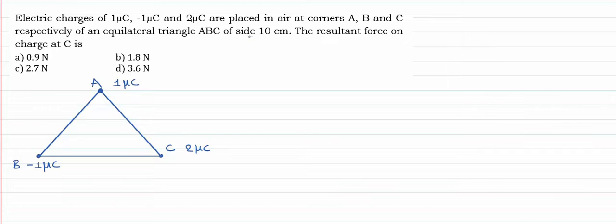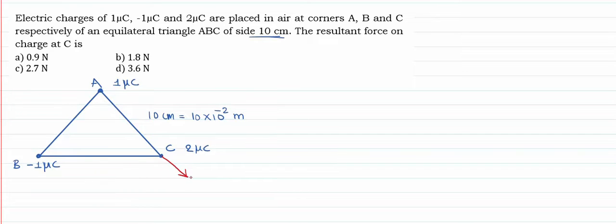The side of the equilateral triangle is 10 centimeter, or 10 into 10 raised to minus 2 meters. You are required to find the resultant force on the charge at C. On C there will be force due to A and force due to B. A and C are both positive, therefore there will be repulsion, so force on C will be in this direction.